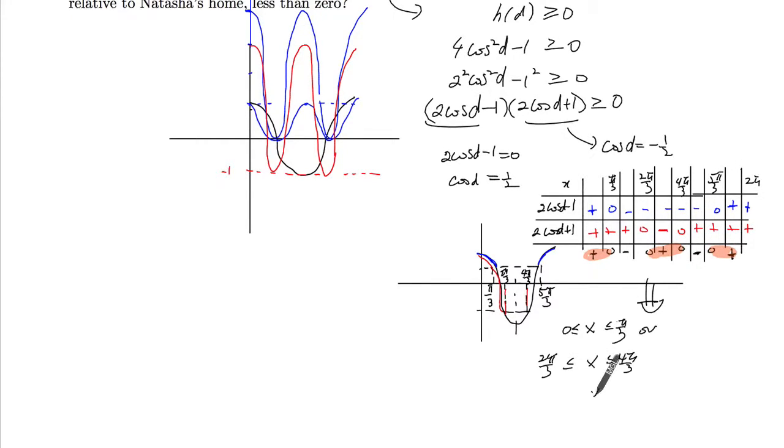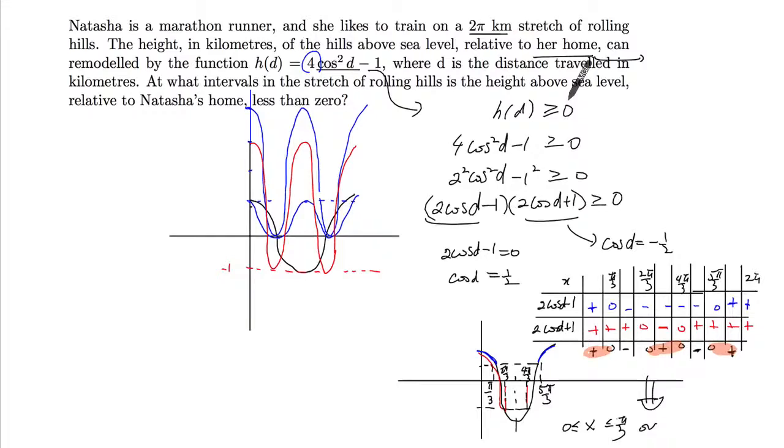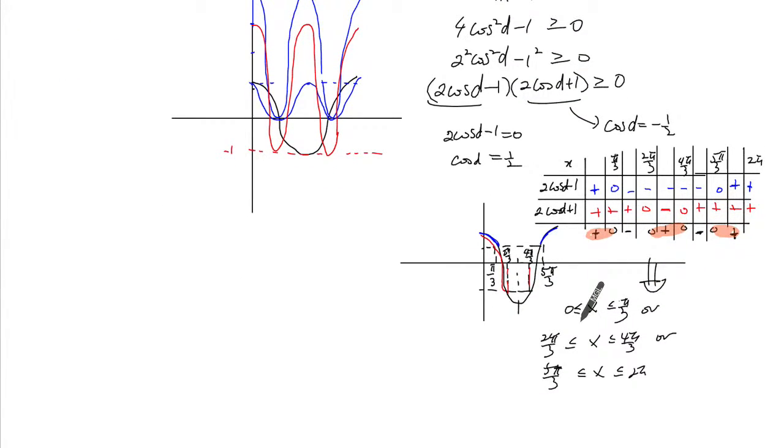And lastly, when x is between 5 pi over 3 and 2 pi, it's also above sea level. Above sea level actually means we should not include where it's exactly at sea level, so get rid of the equal sign. That's our solution.